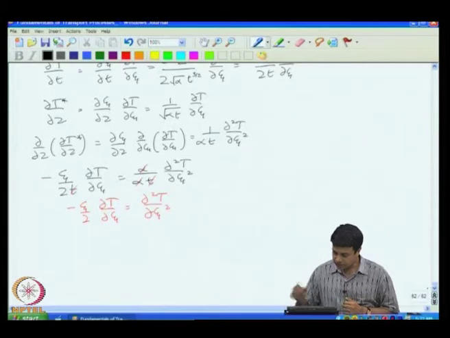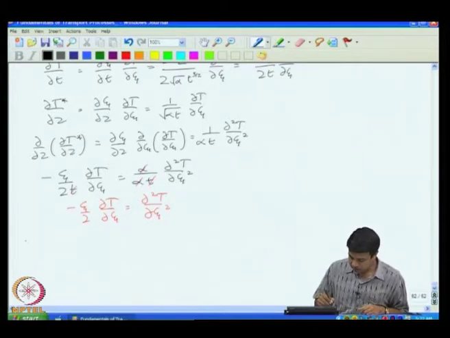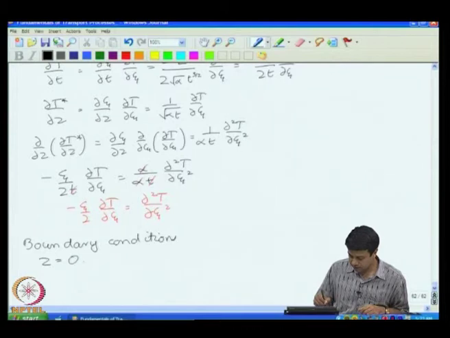But however, if I am to solve this equation, I need boundary conditions. What are the boundary conditions that we had? At z is equal to 0, T star is equal to 1.